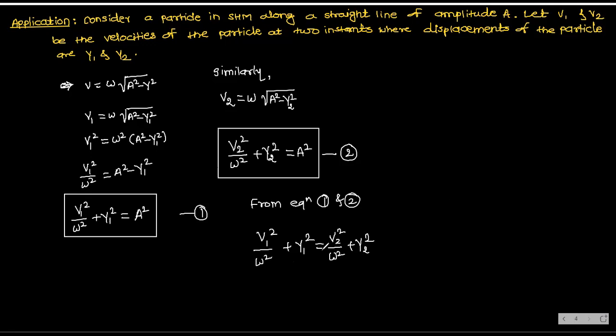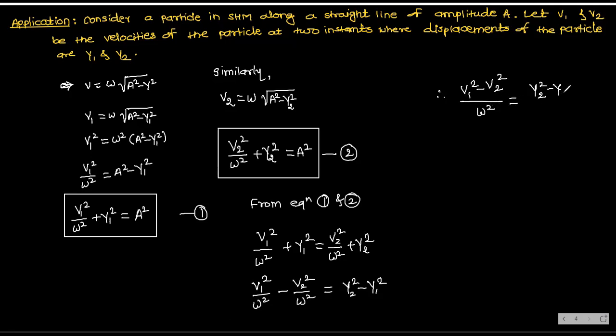Now y terms on one side and omega terms on one side. So v1 square by omega square minus v2 square by omega square is equal to y2 square minus y1 square. Okay, now you can see here the denominator is same. Therefore, v1 square minus v2 square by omega square is equal to y2 square minus y1 square.